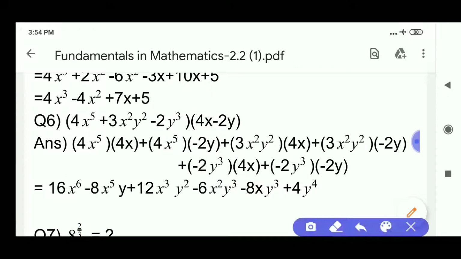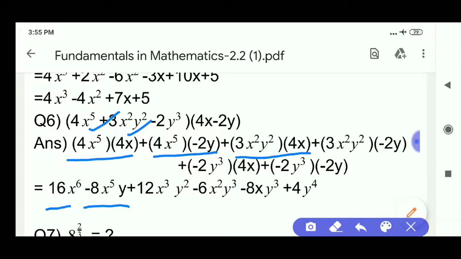Multiply and simplify it. By multiplication, we get 4 into 4, 16. x power 5 into x, x power 6. Similarly, the multiplication of 4x power 5 into minus 2y becomes minus 8x power 5 y.